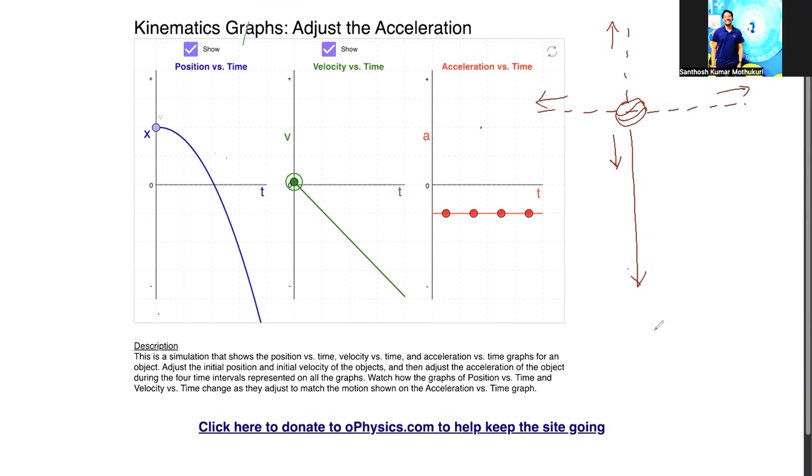So when you define the positions, now look at this. Acceleration is downward along the negative y-axis, which is negative g. That means this is on the negative side and it's a constant. a is equal to minus g. The velocity is going to be 0 in the beginning because initially it is 0. And then what happens to the velocity? It keeps increasing as it falls down.